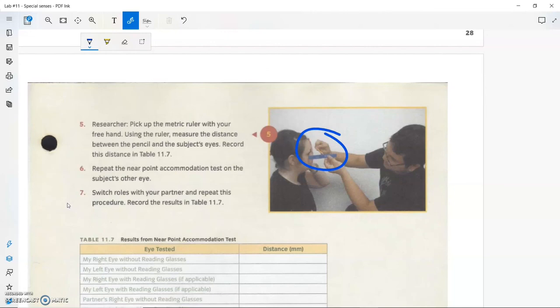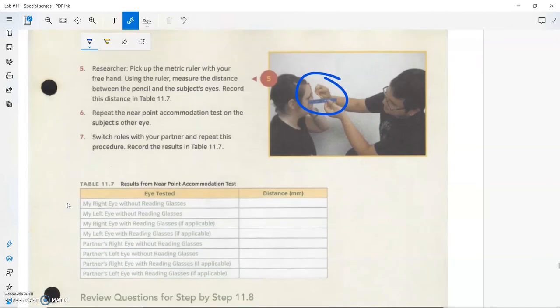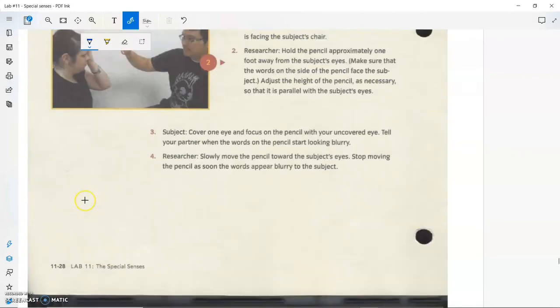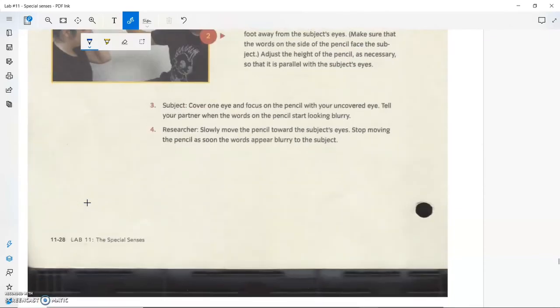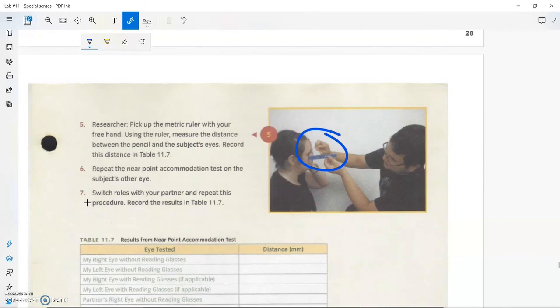For instance, for a person with myopia, short-sightedness, of course, the near point accommodation distance will be smaller, so the pencil will be closer. For a person with far-sightedness, hyperopia, good distant vision, the near point accommodation distance will be farther.